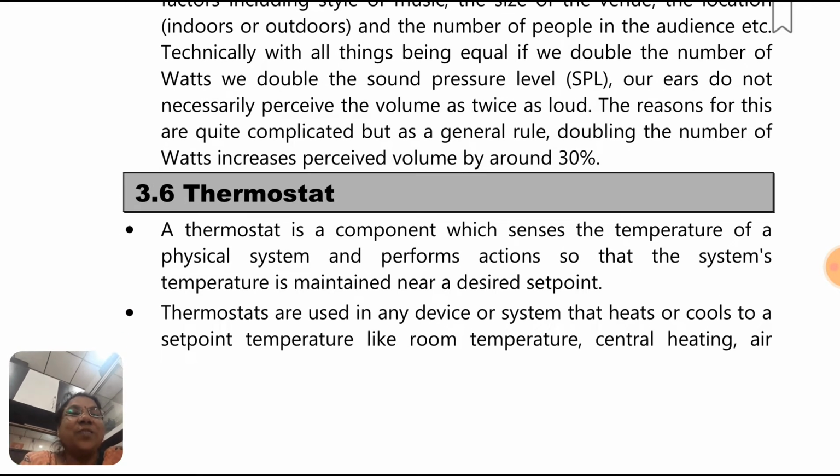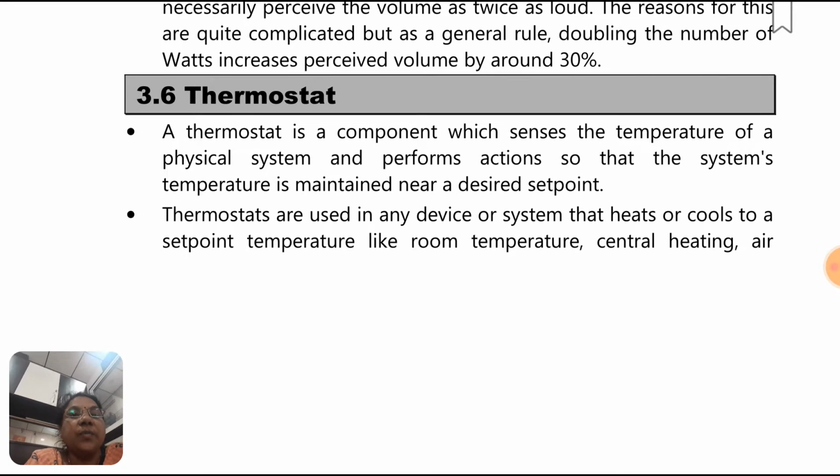Technically, with all things being equal, if we double the number of watts we double the sound pressure level, but our ears do not necessarily perceive the volume as twice as loud. The reasons for this are quite complicated, but as a general rule, doubling the number of watts increases perceived volume by around 30%.